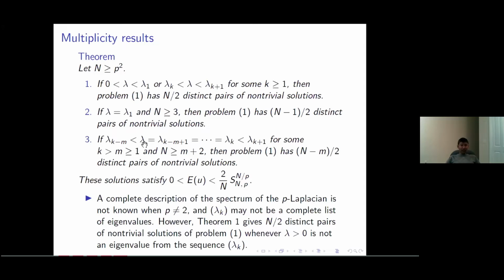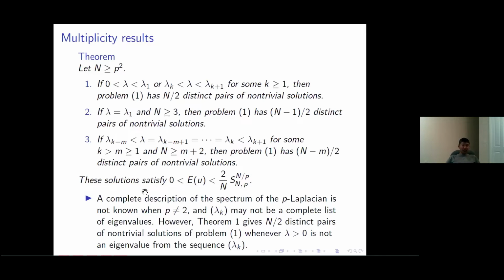Suppose lambda is between lambda_{k-m} and lambda_{k+1}, and that it's equal to this eigenvalue lambda_k that has multiplicity m. And assume that k is bigger than m, m is bigger than or equal to 1, and that n is bigger than or equal to m plus 2. Then the conclusion is that this problem has (n minus m) divided by 2 pairs of non-trivial solutions.